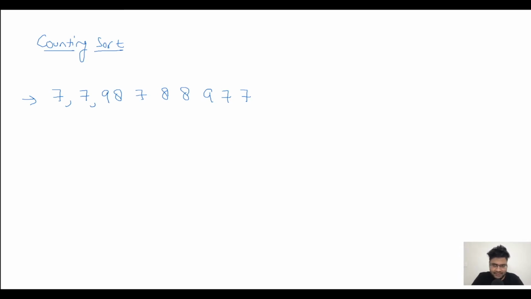So we see, okay, 7 is occurring how many times? 1, 2, 3, 4, 5. We saw, okay, how many times 8 is occurring? 3. And how many times 9 is occurring? 1, 2, 2 only. So then if we have these numbers, we can just write them, right? And this is the basic idea behind counting sort.